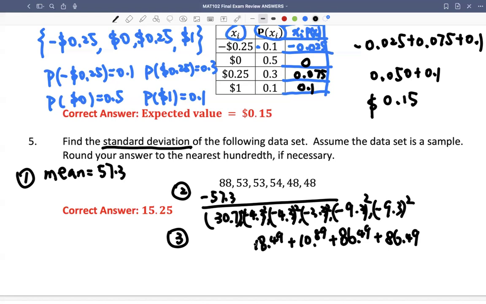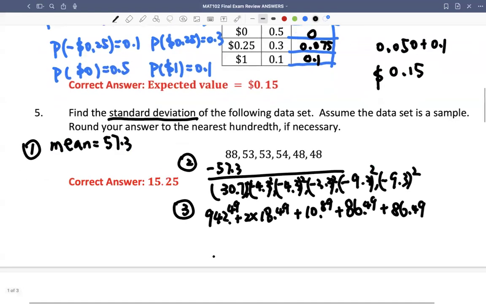I can add it twice, or I can multiply by 2, because adding 18.49 to itself is the same as multiplying by 2. Then lastly, I have 30.7 squared. That gives me a big number, 942.49.